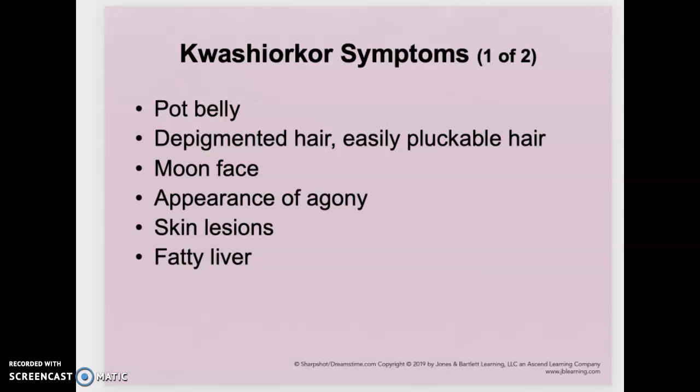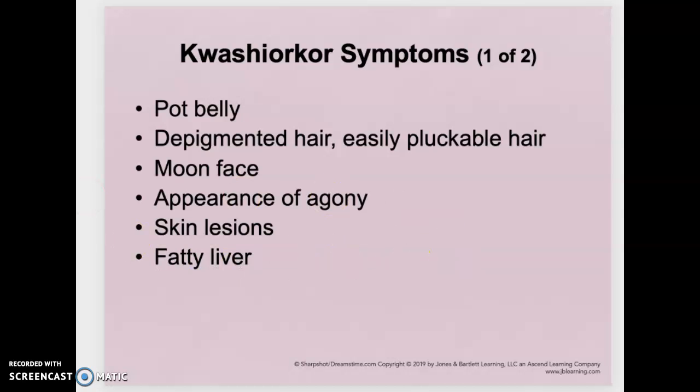So if you recall at the beginning of this, I mentioned how protein helps to maintain our fluid balance. If we don't have adequate protein to keep fluid in our cells, that fluid will leak out into the extracellular fluids, and that can cause swelling or edema.